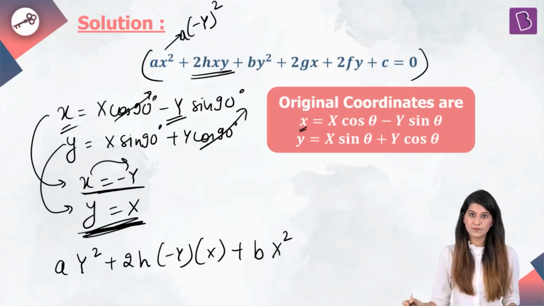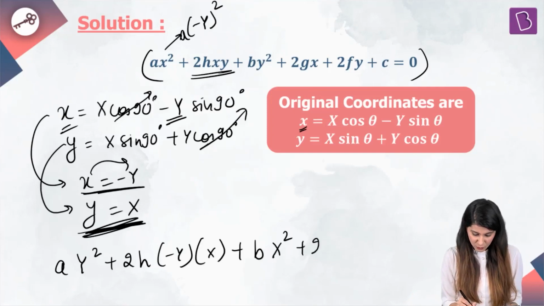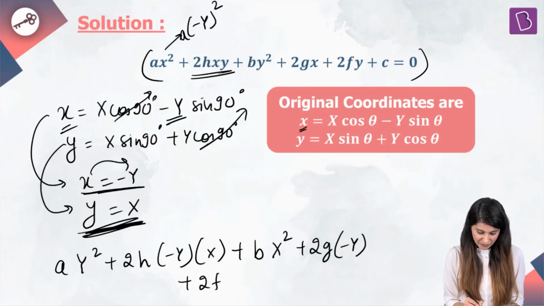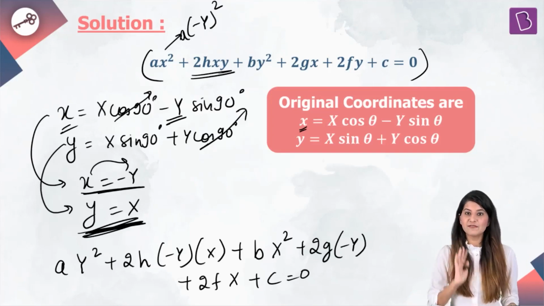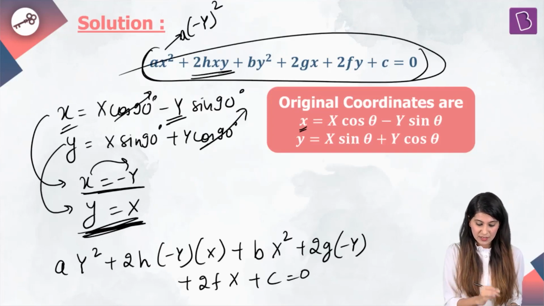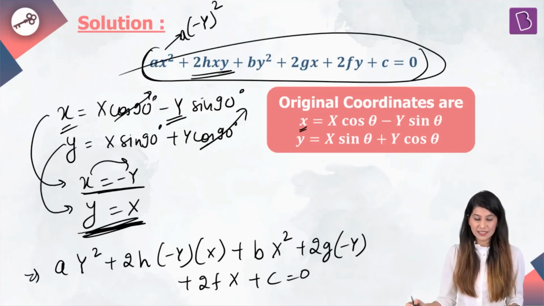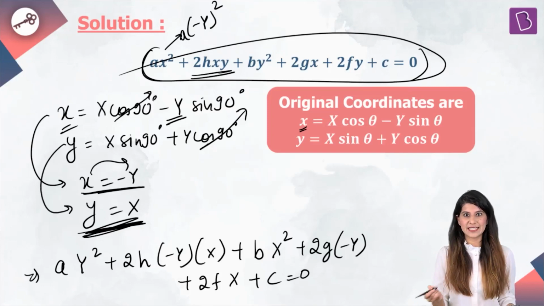Cool. And plus 2g, small x is equal to what? Minus capital Y. Plus 2fy, y is what? Capital X. Plus c equals 0. We have just removed the existence of small x and small y from this equation. So finally our equation is completely in terms of what? Capital X and capital Y.